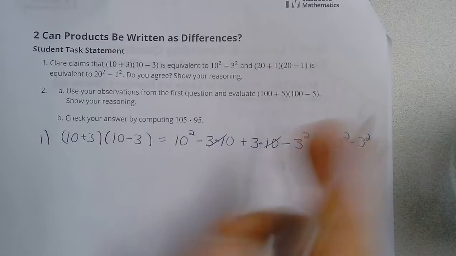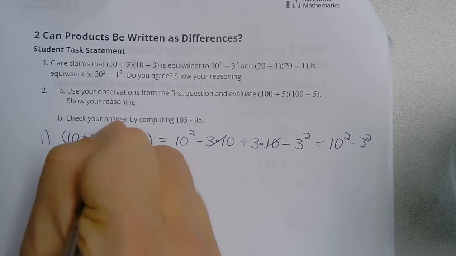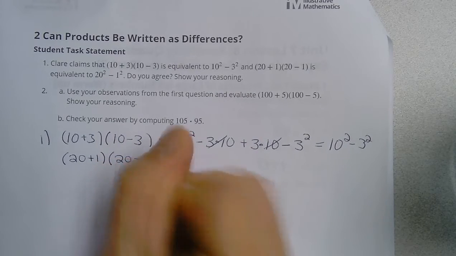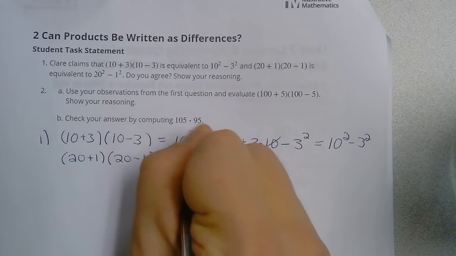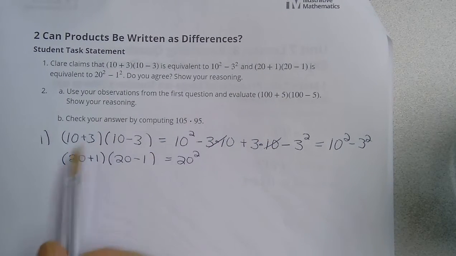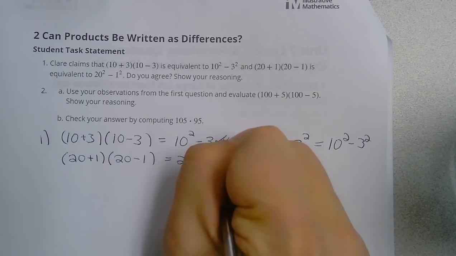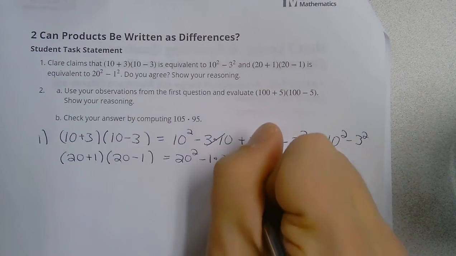I'm going to try the same thing with 20 plus 1 times 20 minus 1. Multiplying that out, 20 times 20 is in fact 20 squared. 20 times negative 1, I'm going to put minus 1 times 20. And then plus 1 times 20.